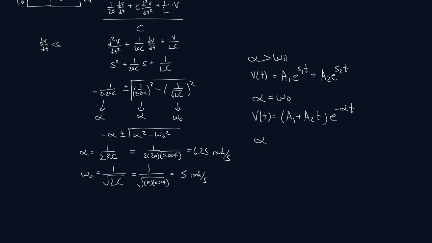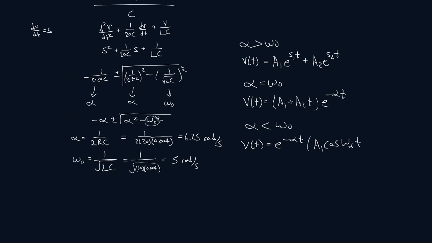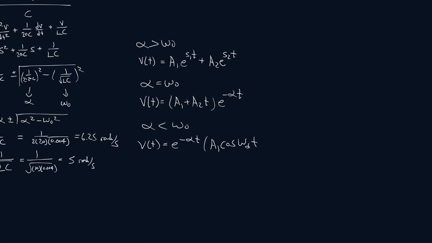Now if alpha is less than omega, then it's underdamped. So it will be v(t) equals e to the power of minus alpha t times A1 cos(WD t), WD being the damping frequency, which, if omega is greater than alpha, you're going to get an imaginary value. And whatever is being timed by that imaginary value is your WD. Plus A2 sin(WD t).